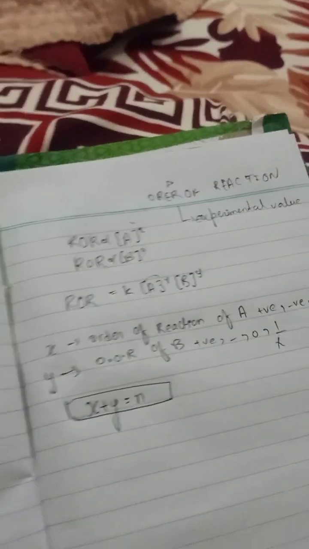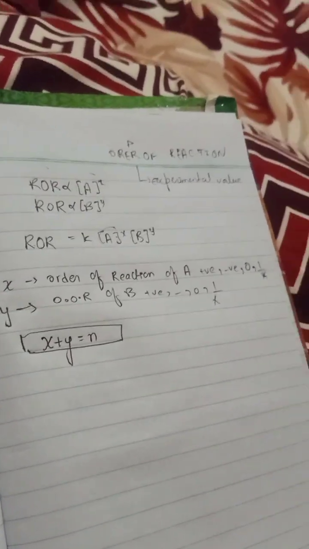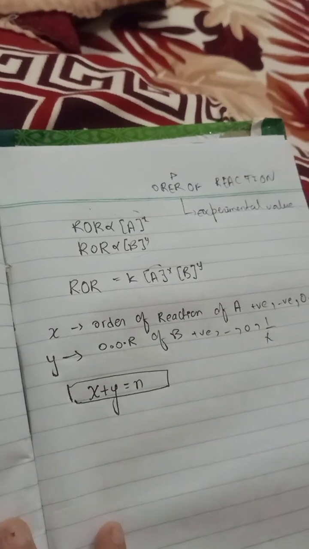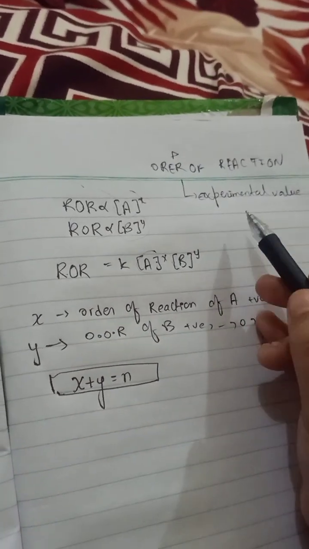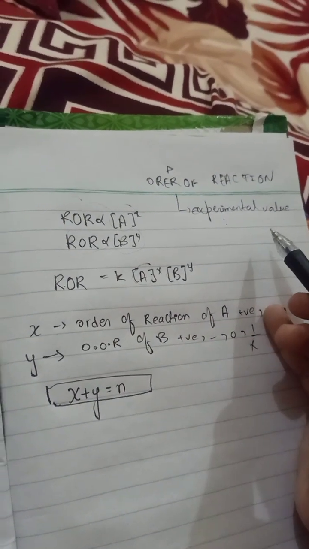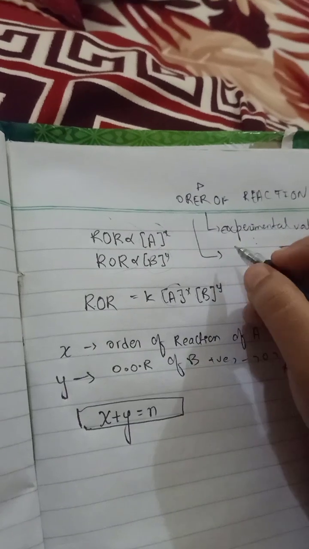As you all know, the rate of reaction we can find out by experiment, not by the stoichiometric values. So the order of reaction we can find by experiment, and these are experimental values. Let me write the definition.